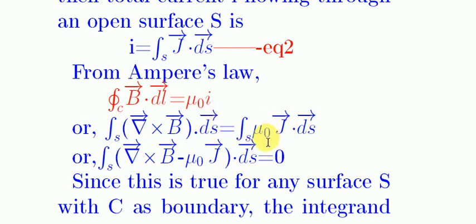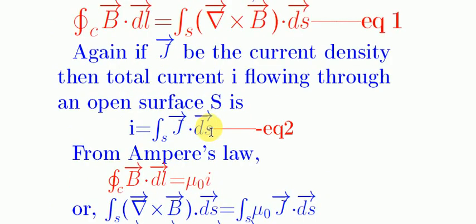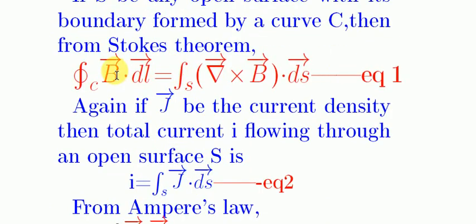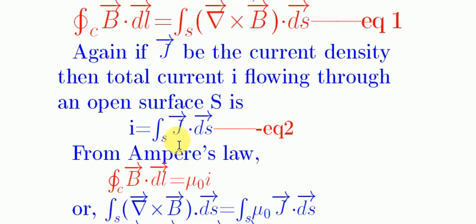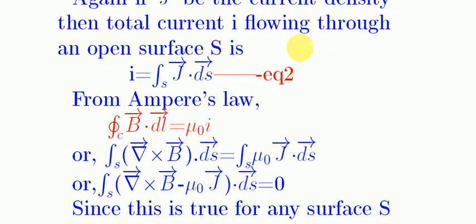And here mu 0 is a constant, and in the left hand side we can write from equation 1 the closed line integral B dot dl equal to this. So in place of closed line integral B dot dl, we can write open surface integral curl of B dot ds.